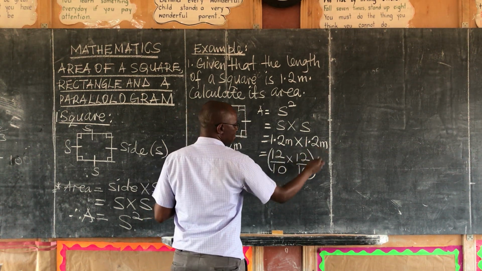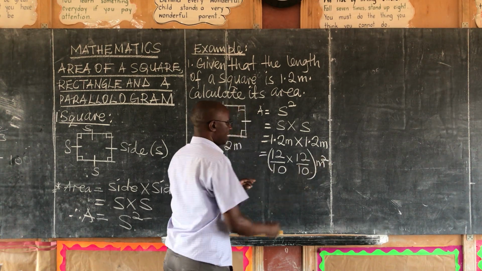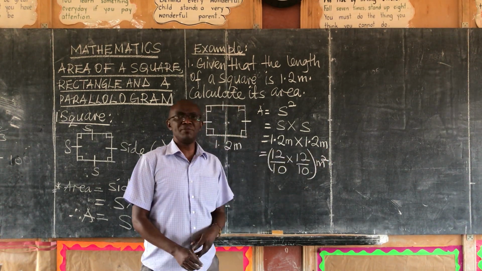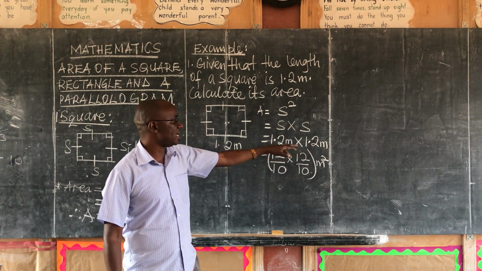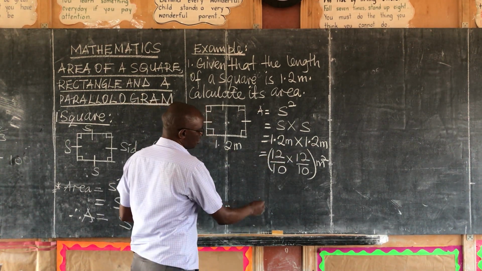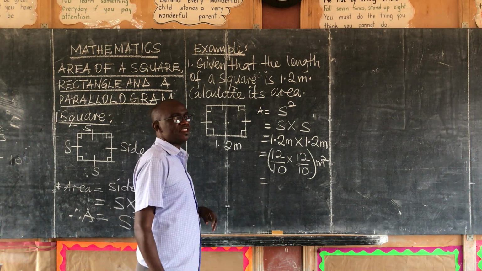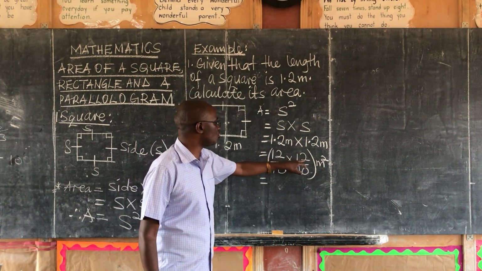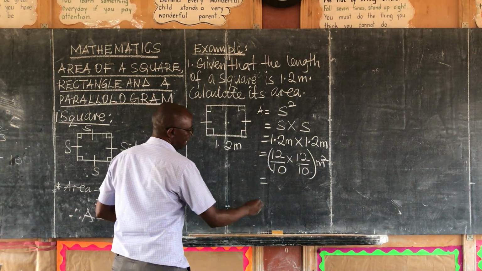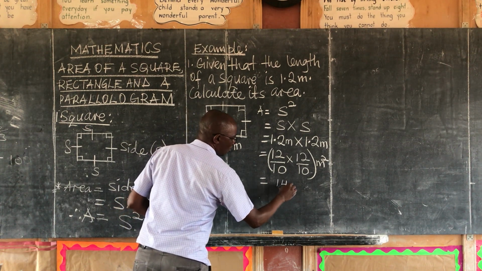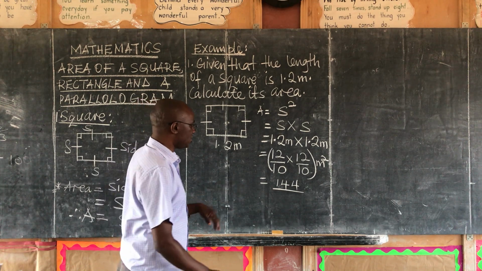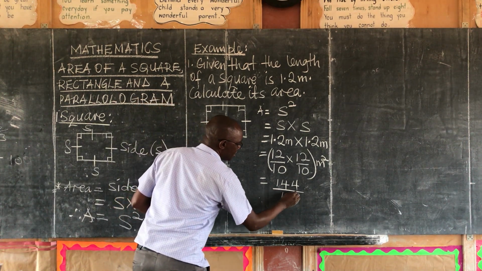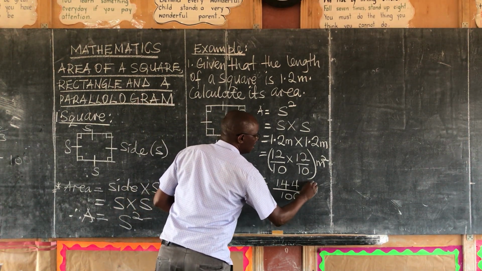M times M is M squared. I've said it is easier if you change the decimals to common fractions. Now you multiply the numerators. 12 times 12, you get 144, out of 10 times 10, which gives 100 meters squared.